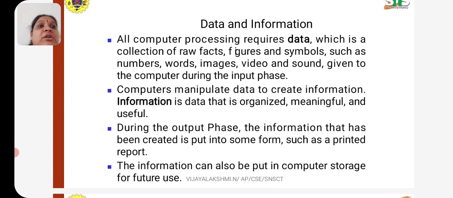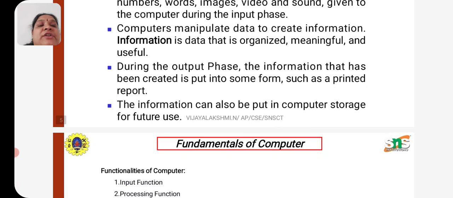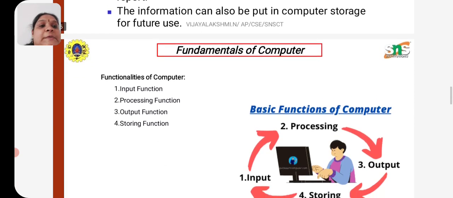We can take what is relevant to our information from the data. The computer will manipulate the data and produce the output in the form of information, in a specific format, and later we can use it for printing purposes.